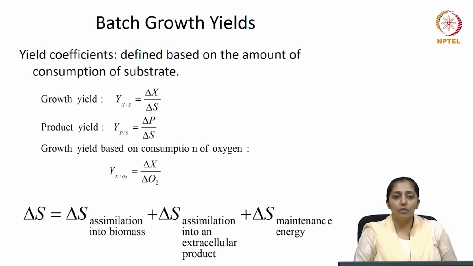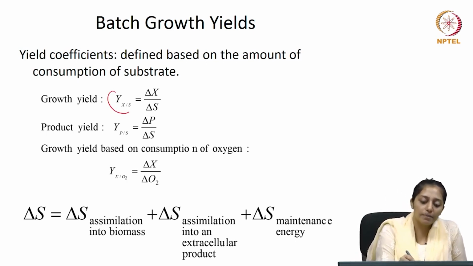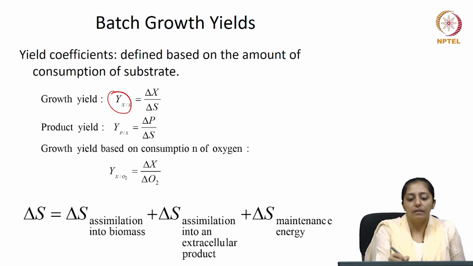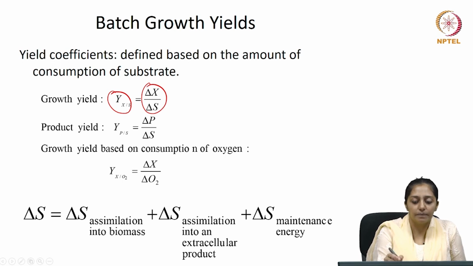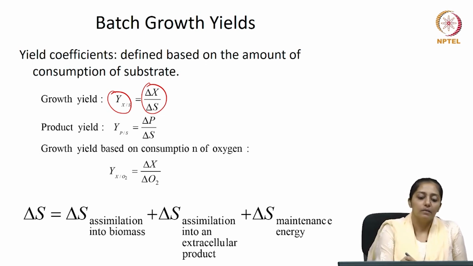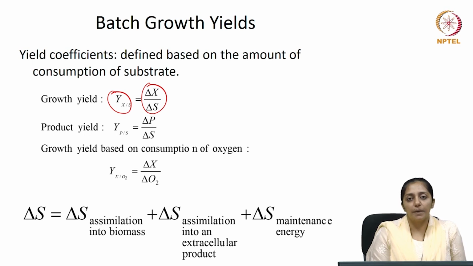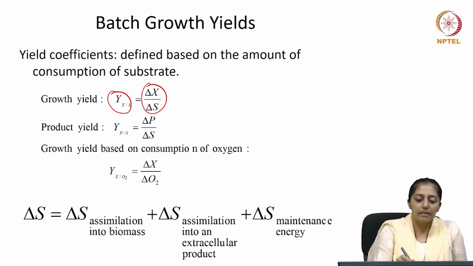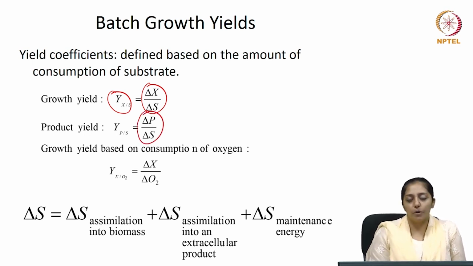So, when we say the growth yield coefficient, it is termed as Yx by S and is given as delta x by delta S. Similarly, the product yield coefficient would be given a notation Yp by S and it will stand for the amount of product produced per unit substrate consumed.